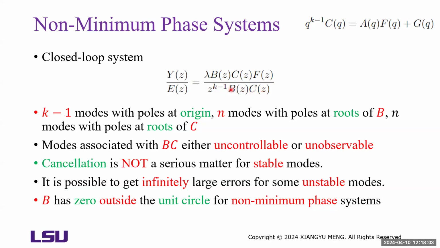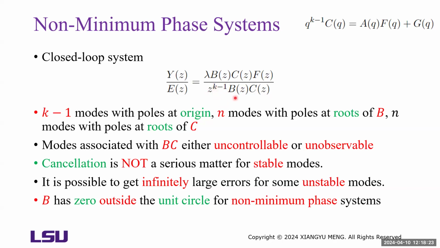We know the poles of the transfer function define the modes of the system. Therefore, there are k minus 1 modes with the poles at the origin, so they are within the unit circle.